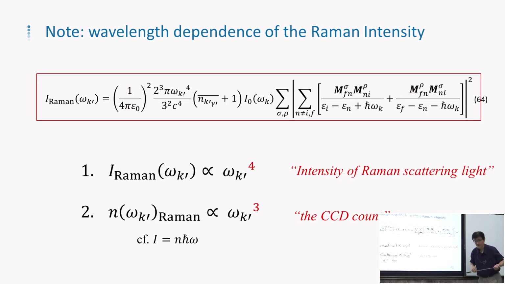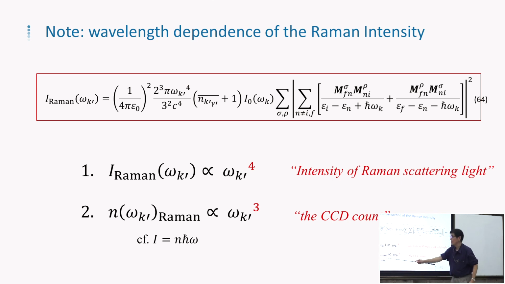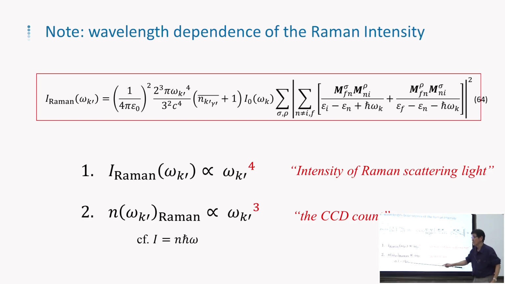Please remember, in many cases, we record Raman scattering using a CCD detector. That is an instrument to convert the photon energy to electron energy. So, the CCD detector counts up the number of photons. In this case, we should consider the relationship between the light intensity and photon energy.